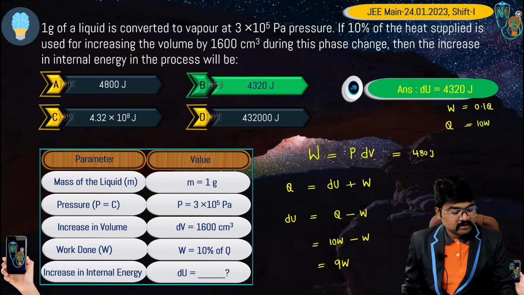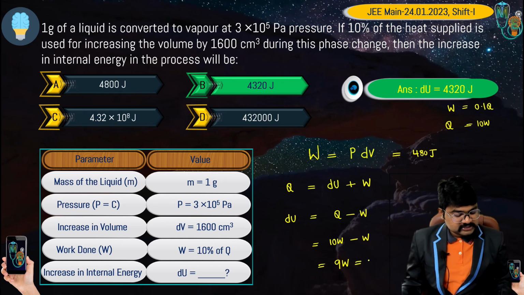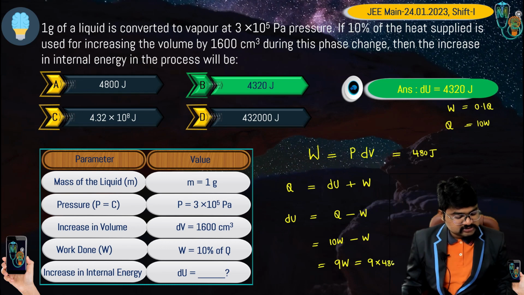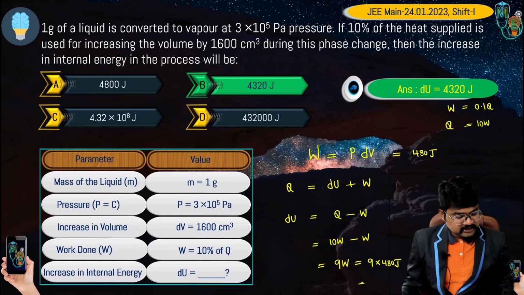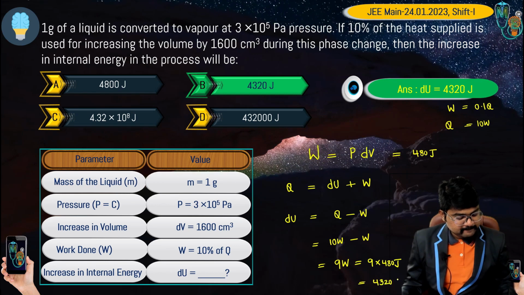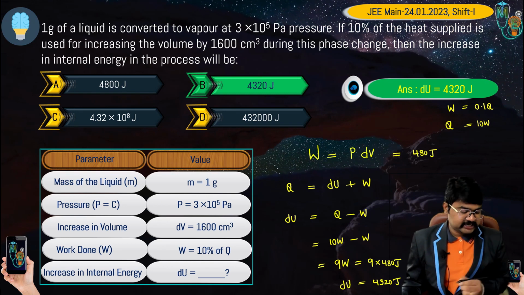You can substitute 9 into 480 joules. Finally, 4320 joules. This is the change in internal energy.